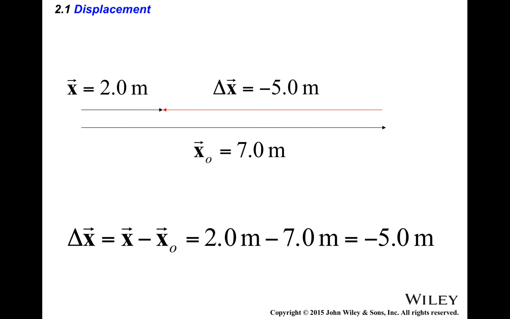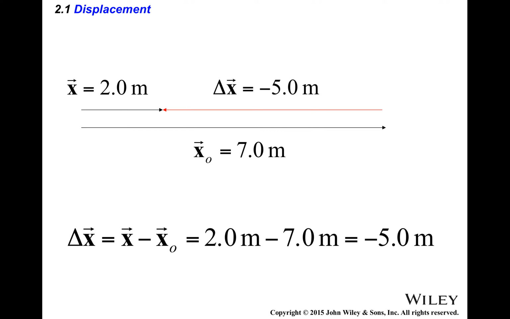That's displacement. Now if I'm going to go the other way, if I take 2 minus 7, I get negative 5 meters. That's going this way. If I started here and ended here, that's 2 meters minus the 7 meters, and that gives me negative 5 meters.